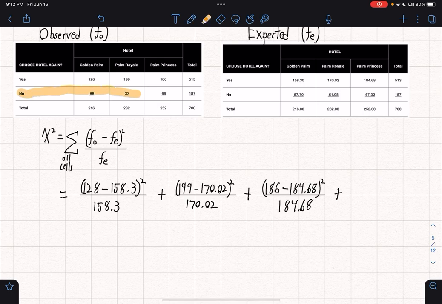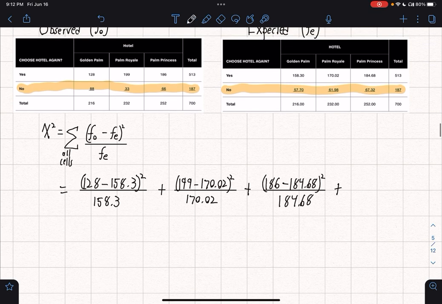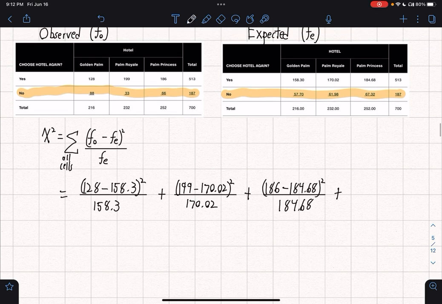All right, so now let's move on to the second row. We're now going to look at no's across the board. So let's start with Golden Palm. So this is going to be 88 minus 57.7.